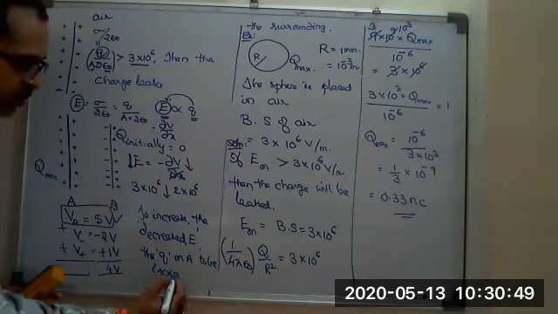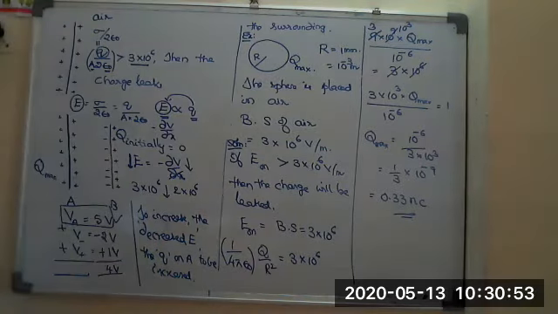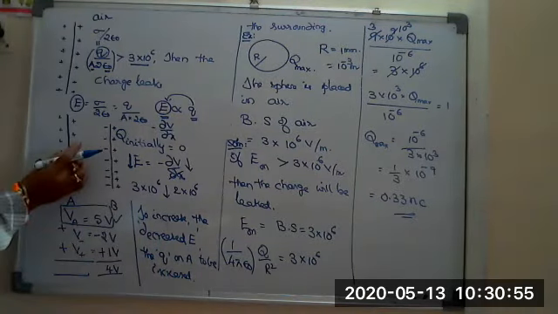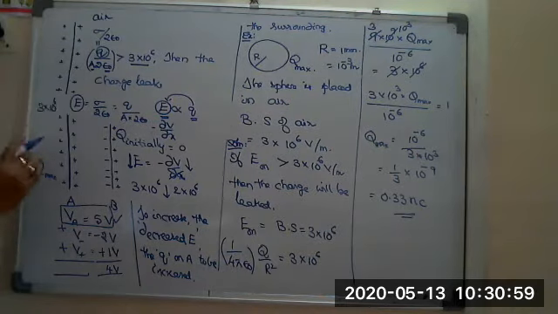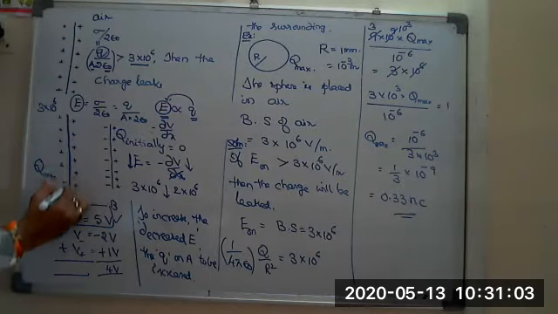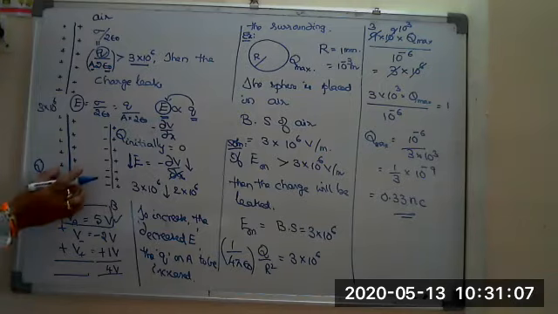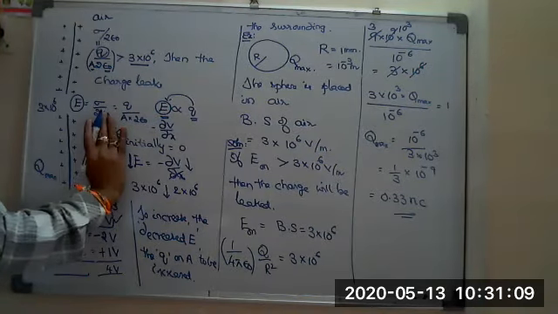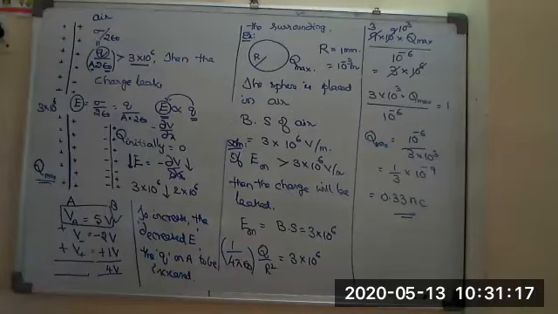I will explain this point again. Here the field intensity is, suppose, 3 into 10 power 6 volt per meter. The charge which is given to the plate A will leak. So my disadvantage: if I don't place the plate B here, I can't increase the charge more than this Q max.